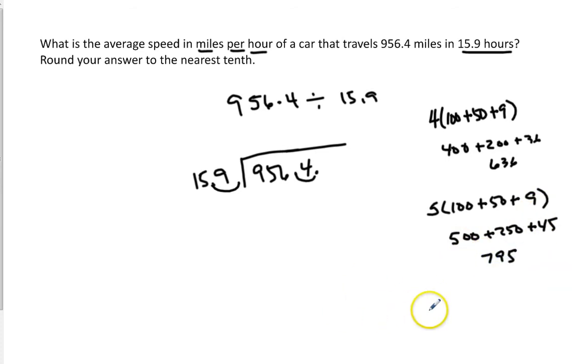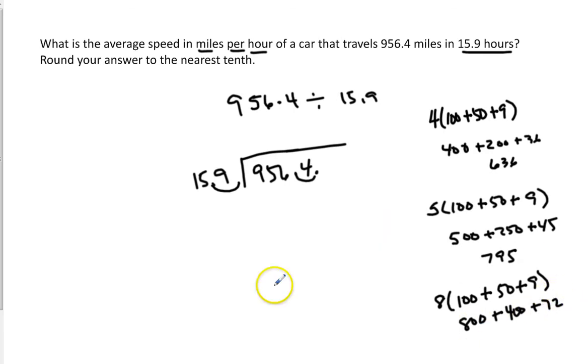Let's try, I think I'm going to try 8. I'm going to jump it up a little bit. That becomes 800 plus 400. Whoops, that's going to be way too much. Plus 72, that's like 1200. So let's try 7. 7 times 100 plus 50 plus 9 makes 700.